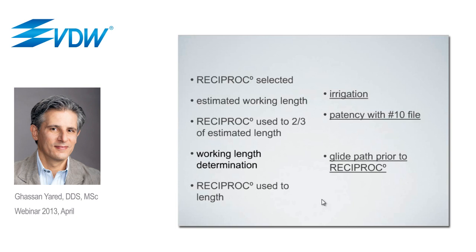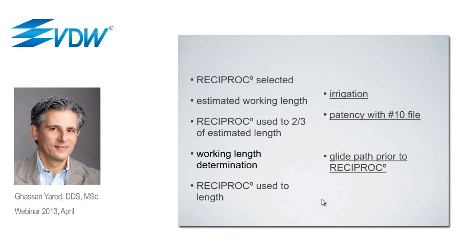If the straight hand file reaches the length as indicated by an apex locator, then we know that even if the curve is severe, this curvature is gradual. Then we know that we can use the reciproc to the working length.